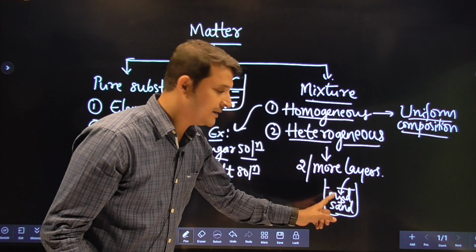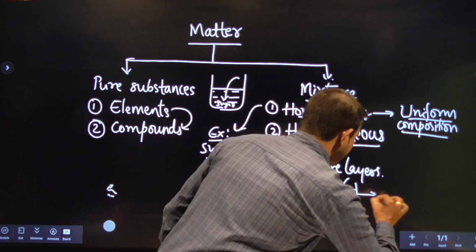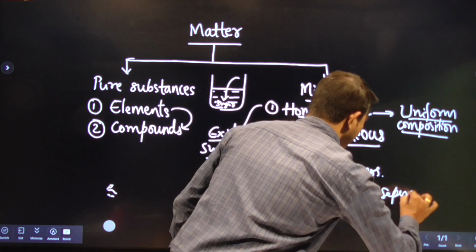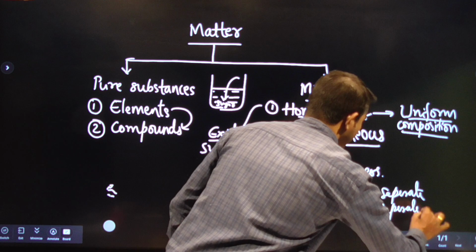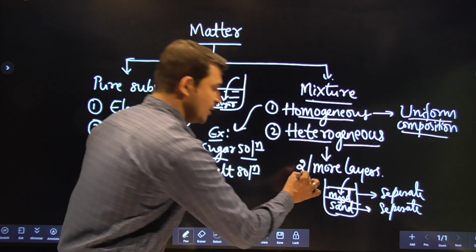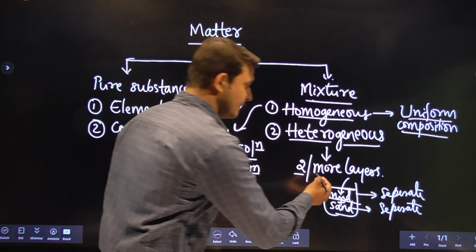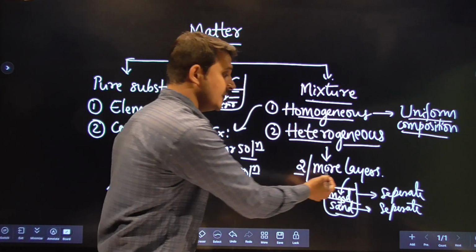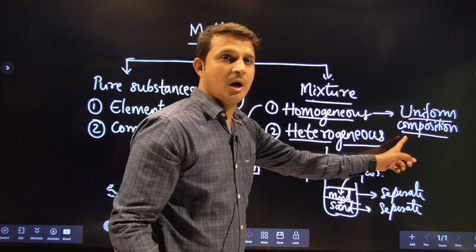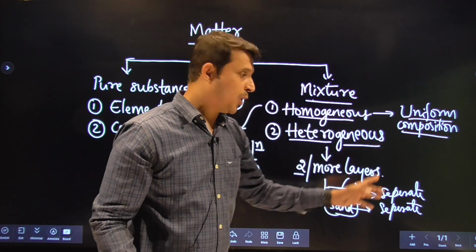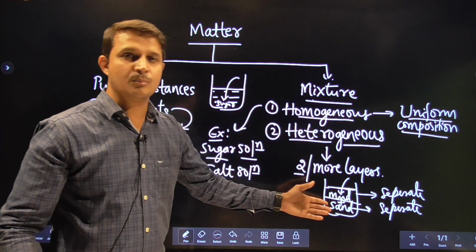They can be easily identified. So what do we get here? Two layers. If three components are added, then we might get three separate layers, is it not? So that means non-uniform composition. We will find two or more layers.